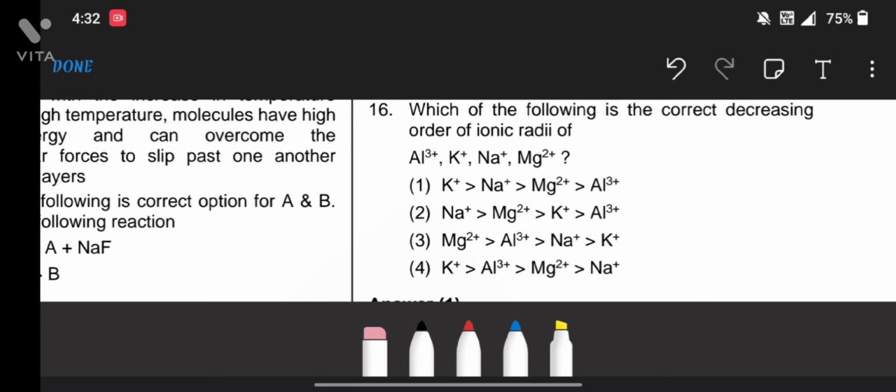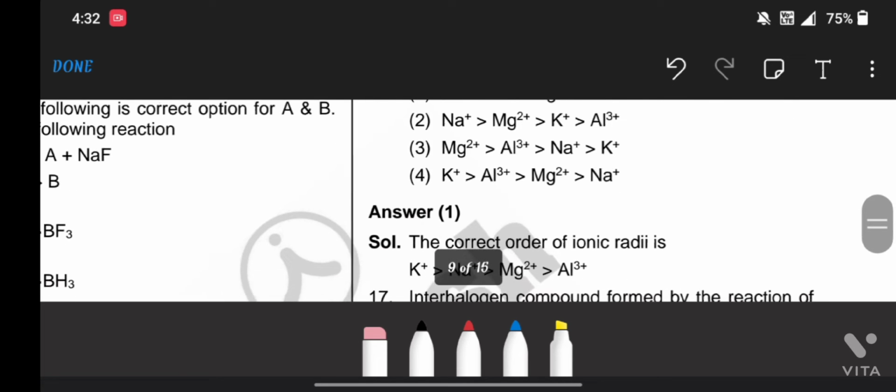Option C, they have given that magnesium is greater than aluminum, aluminum is greater than sodium, sodium is greater than potassium. Option D, potassium is greater than aluminum, aluminum is greater than magnesium, magnesium is greater than sodium.